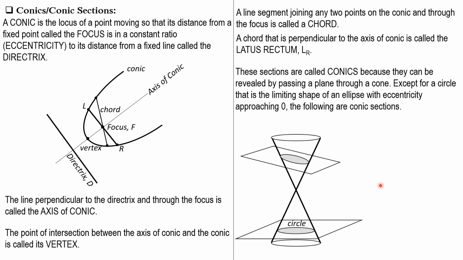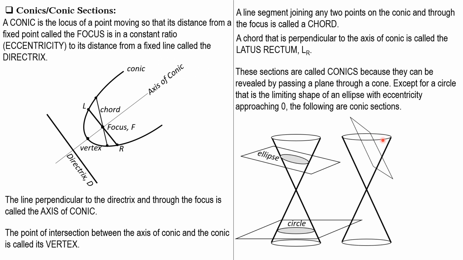A parabola is when the section cuts the diameter and is parallel to the slanted height of the cone. Like this one, this section is parallel to the slanted height and through the diameter of the cone. So a parabola is revealed.